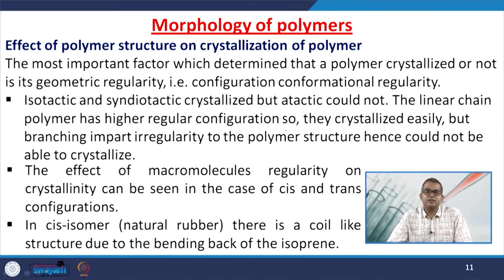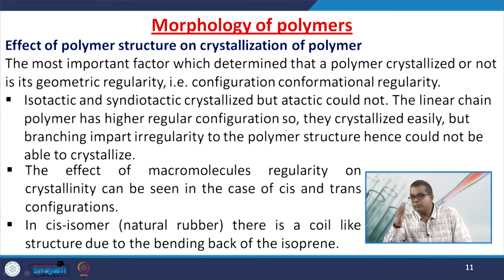The most important factor which determines whether the polymer crystallizes or not is its geometric regularity, that is, the configurational and conformational regularities of these units. Isotactic and syndiotactic crystallize, but atactic cannot.